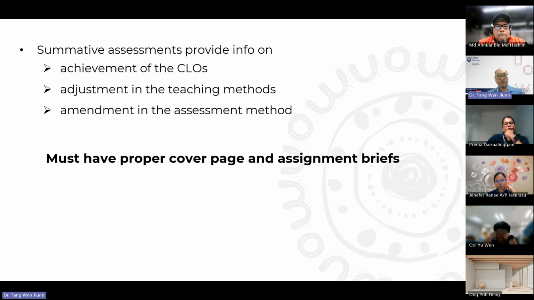So there's a procedure to follow. If you just test on how to collect blood, that is considered as formative. But when you test on the whole process, from collecting blood until you send it for processing, then you analyze, that can become a summative, where you test them on quite broader skills.